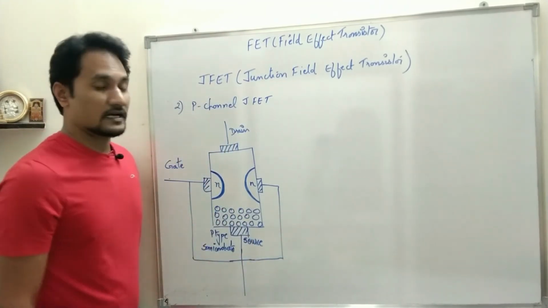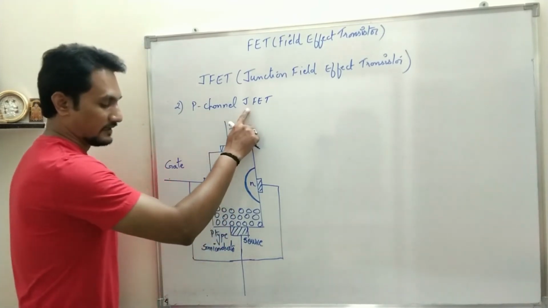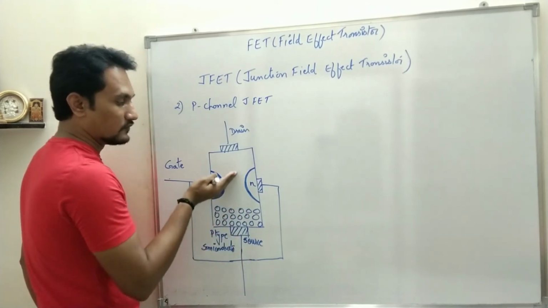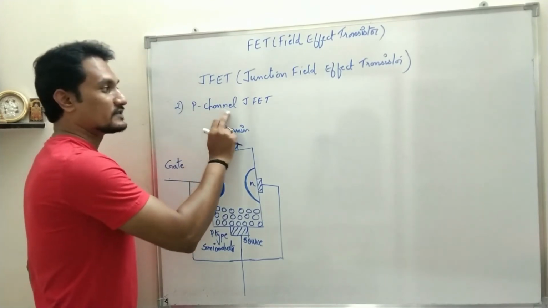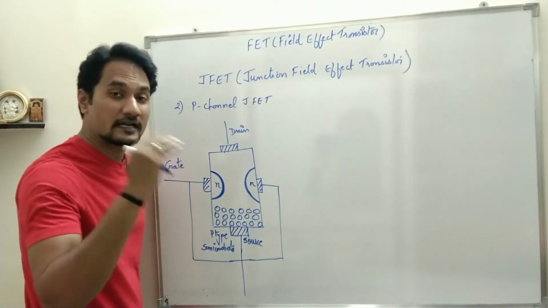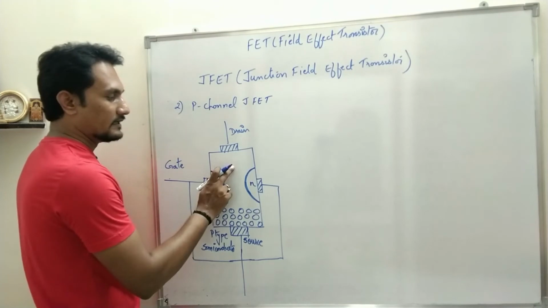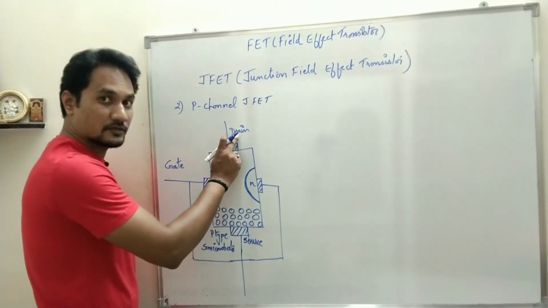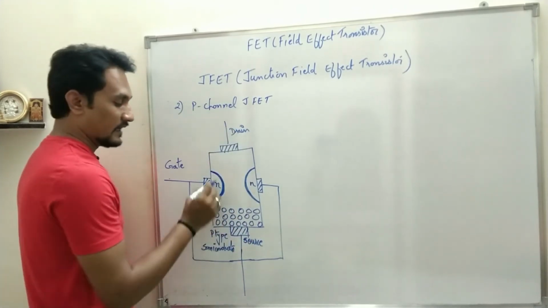So this is the construction part of the p-channel JFET. Terminal source will repel all the holes which will move towards the drain, which will constitute current in a p-channel JFET. So in a p-channel JFET, current conduction will be because of holes. This terminal will repel the holes and this terminal will accept the holes, therefore this is called the source and this is called the drain.